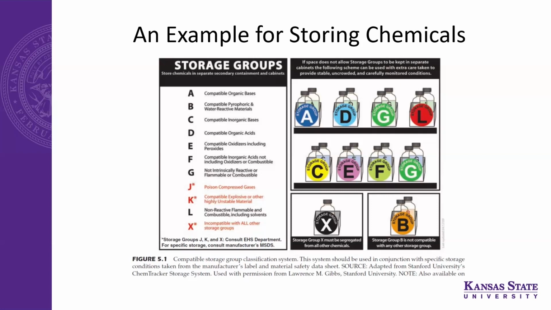Compatible bases, compatible organic acids, not intrinsically reactive or flammable or combustibles, and non-reactive flammable and combustibles, including solvents, can be stored together if needed, if space is an issue.